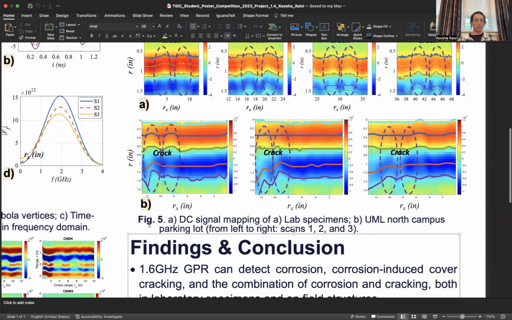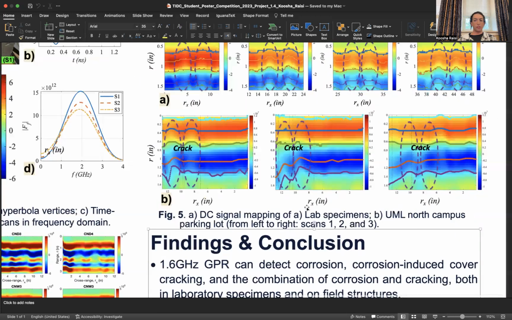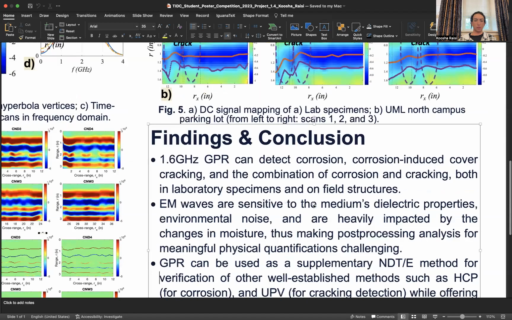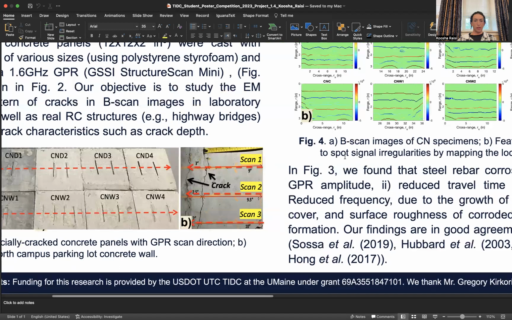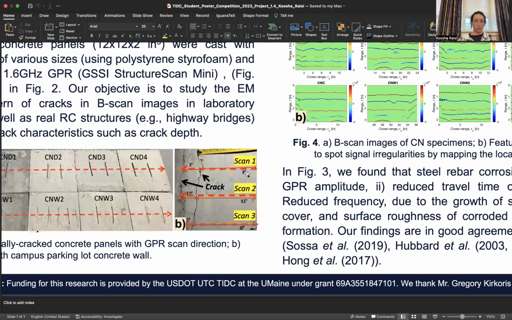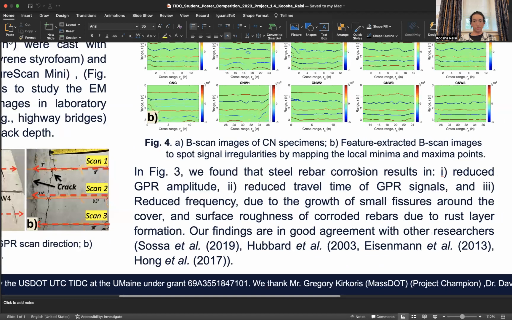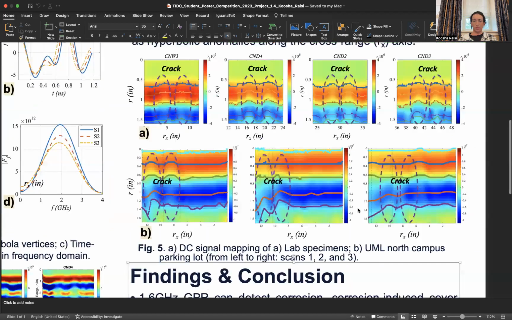And in figure 5b, we have the 3 B scan images, scan 1, 2, and 3, conducted on the UML parking lot that I mentioned earlier in figure 2b. And as you can see, we have 2 cracks here, approximately at 9.5 inches and 10 inches. And we can approximately see them in the same places in the cross-range axis.